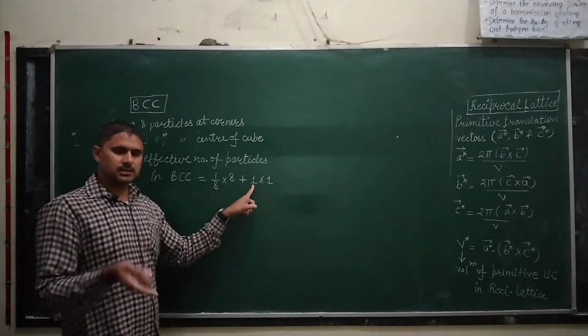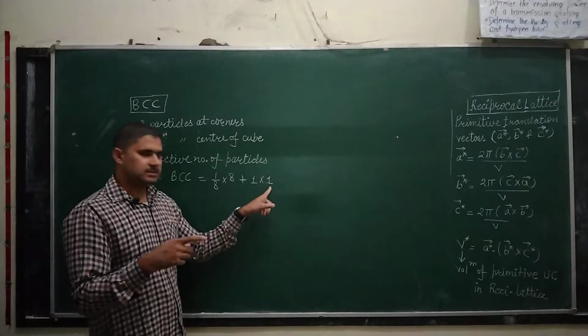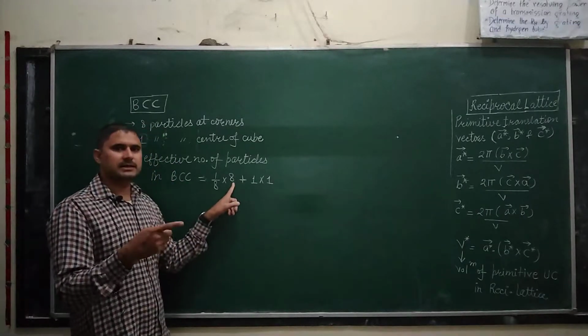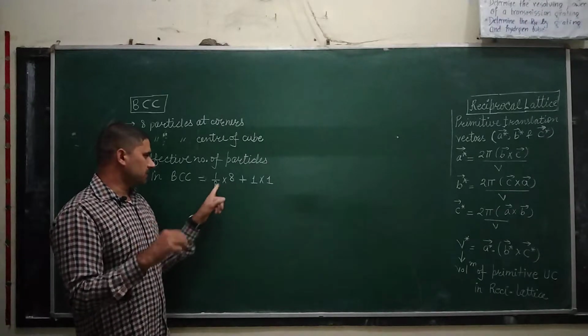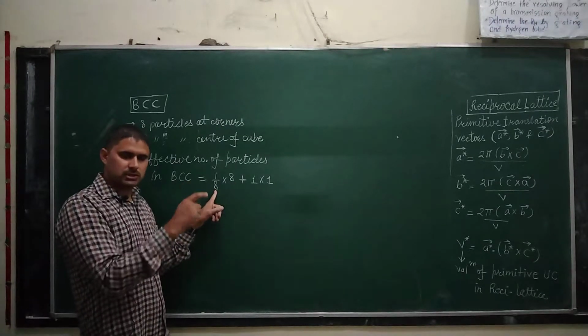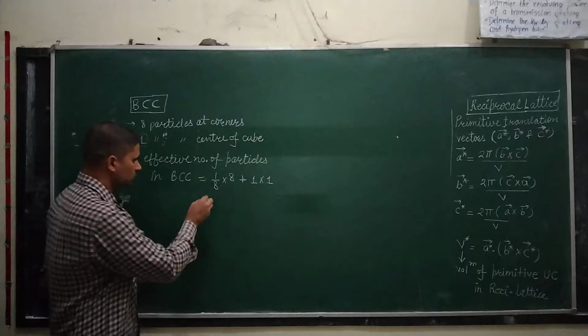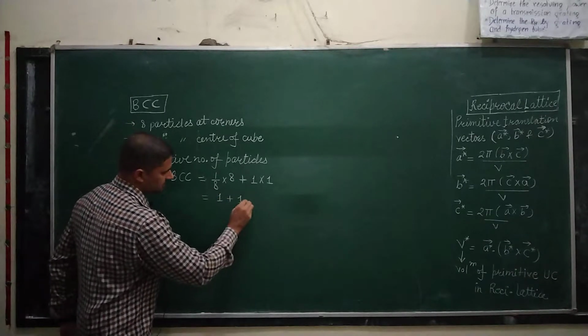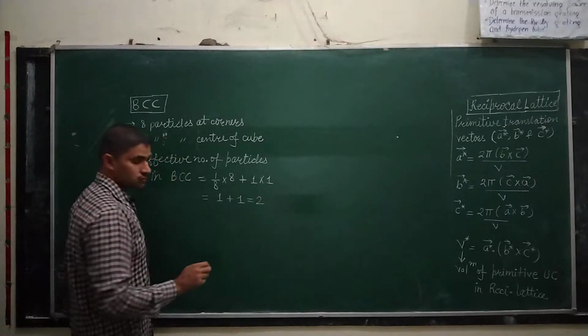One particle is in the center and its contribution is full unity, and 8 particles are at the corner and the contribution of the particle present at the corner is 1/8. So here you will see the effective number of particles is 1 plus 1, that is 2.